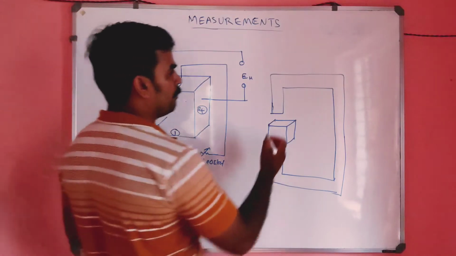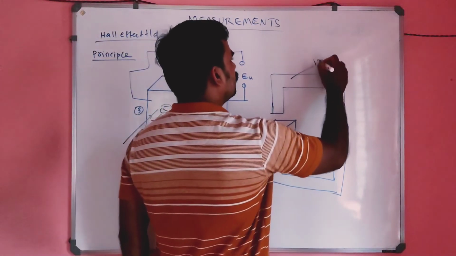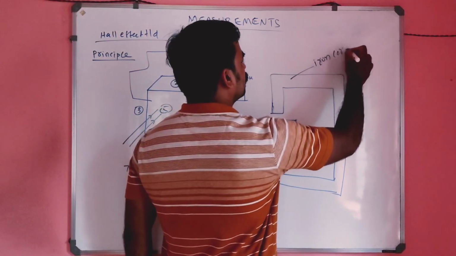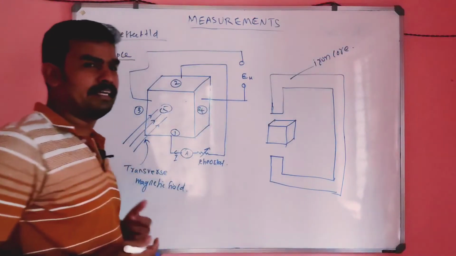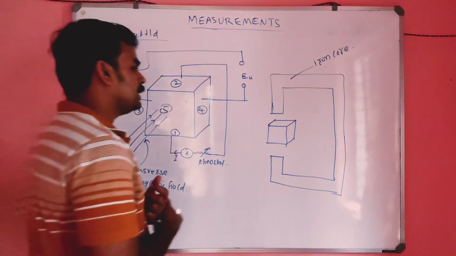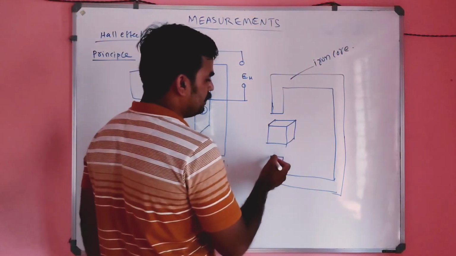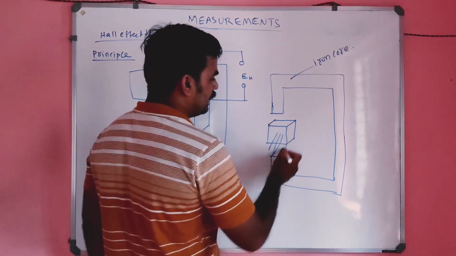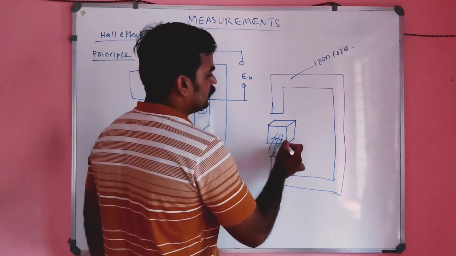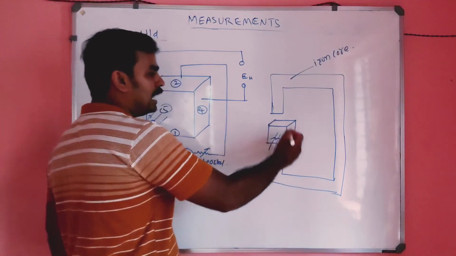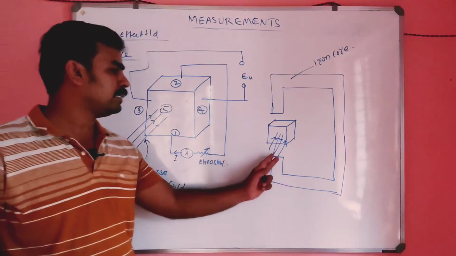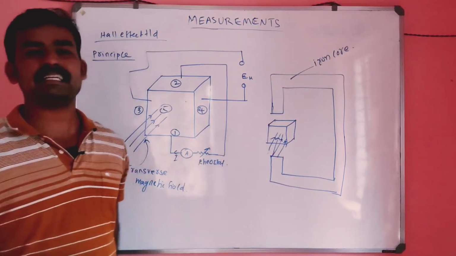So this is the iron core, or any magnetic material, and due to this there will be a transverse magnetic field. That means this Hall effect material is arranged so that the magnetic field will be directly in the transverse direction.